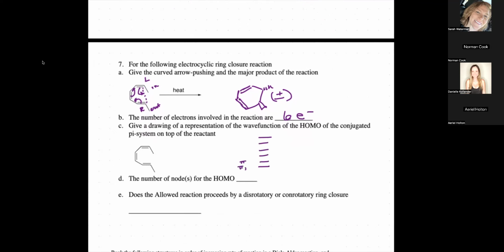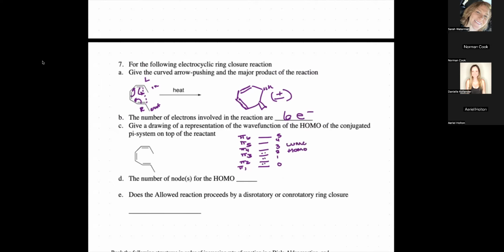It's very redundant. I ended up shorthanding a lot of this after a while, but it's good to just go through it. And how many electrons are involved in the reaction? 6. So where's the HOMO? Pi 3. Where's the LUMO?